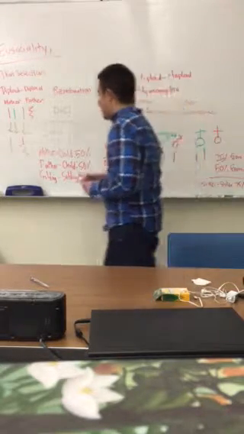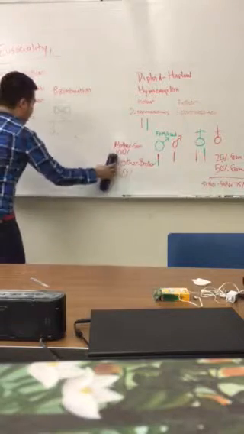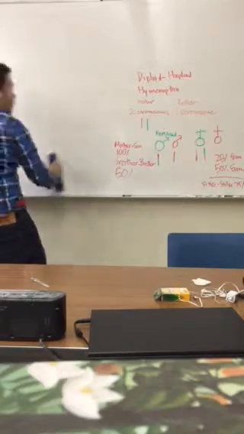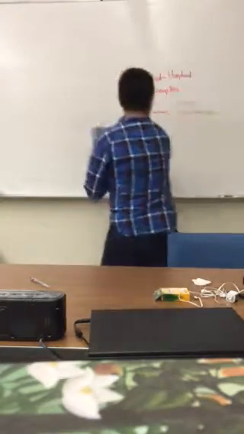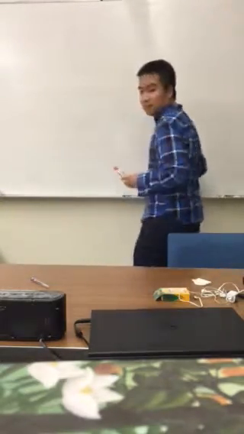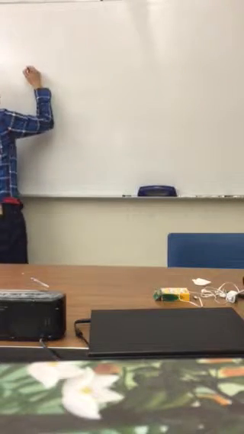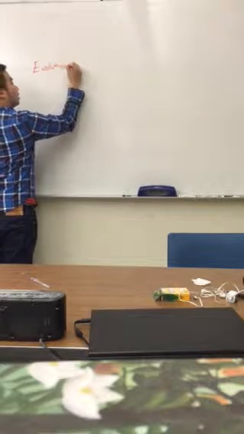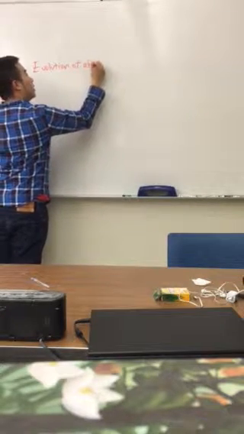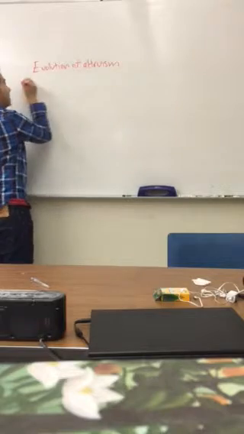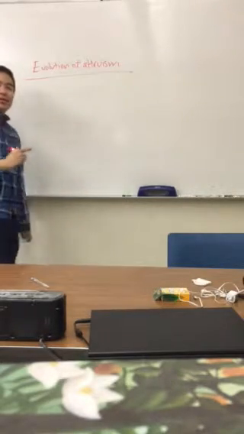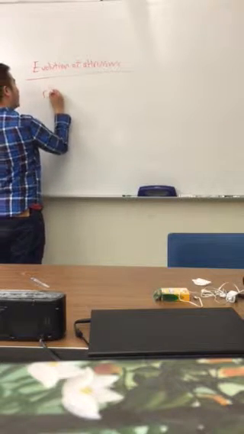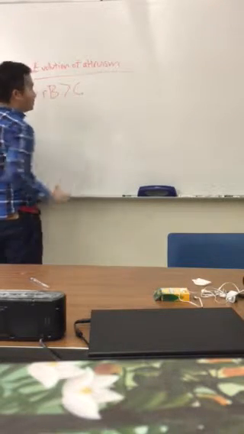The next thing I'm going to talk about is evolution of altruism and eusociality. And what we notice here is that there's a specific formula in which we can define altruism. And that formula is RB is greater than C. All right?